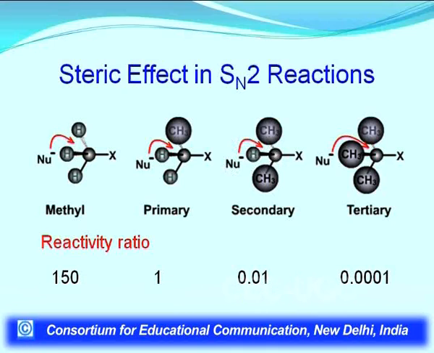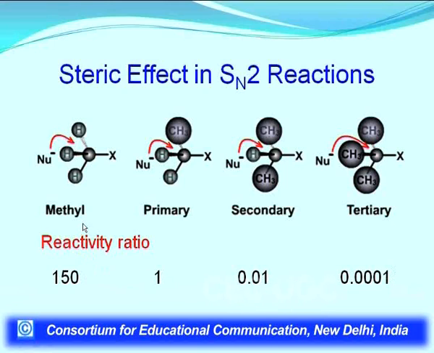So, the rate of reaction decreases as this carbon is more and more highly substituted. Like in these four compounds, methyl halide, ethyl halide, isopropyl halide and tertiary halide, when the halogen is bromine, the ratio of reactivity is found to be 150 with methyl, 1 with ethyl, with isopropyl it becomes 0.01, that is 1/100th of this, and with tertiary it becomes very slow, 0.0001 with respect to the primary alkyl halide.